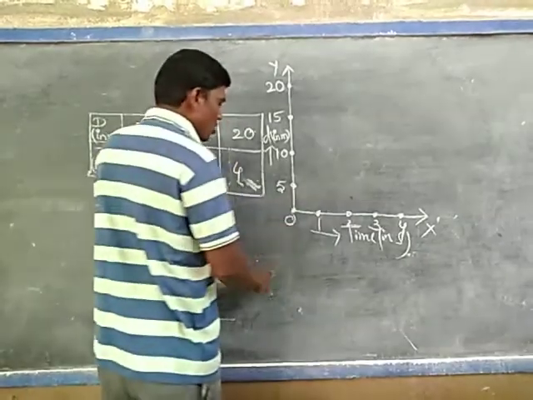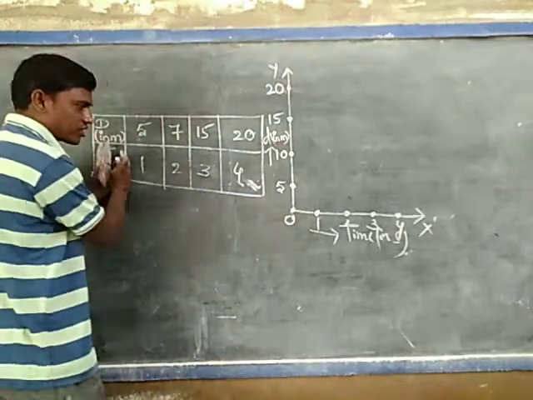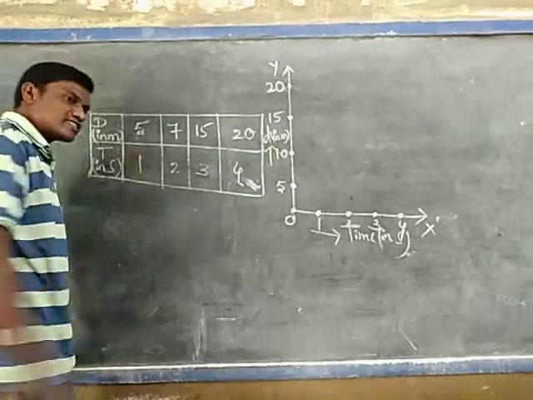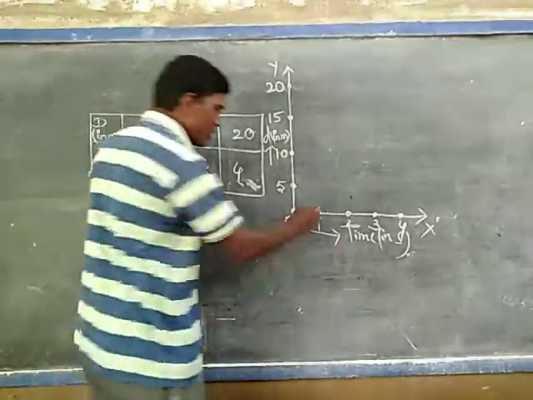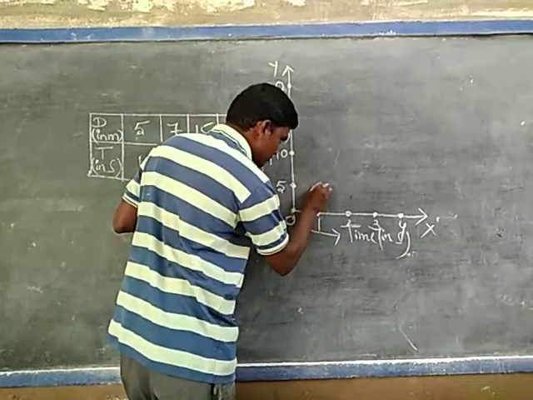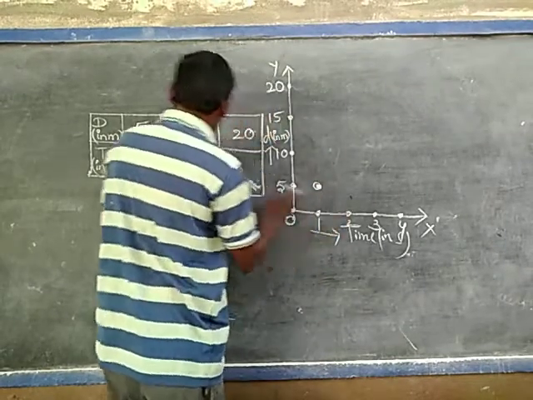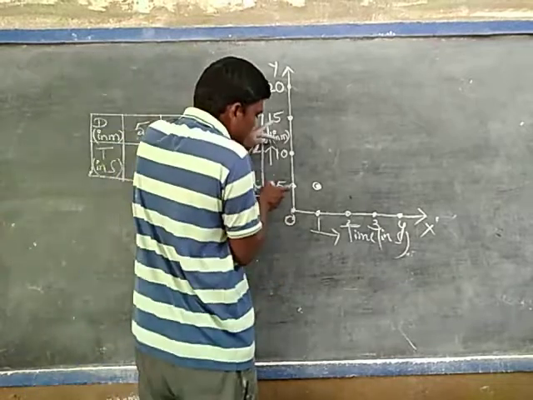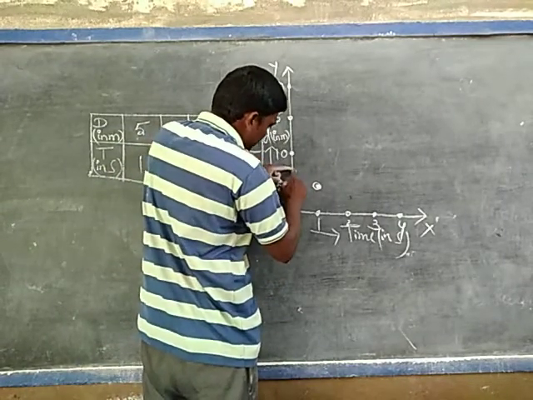So 0 means starting at 0. And in 1 second, how much distance is covered? 5 meters. That's why 1, 5 here. Next, 2. What is that one? 7. 7 means between 5 and 10, like the middle.